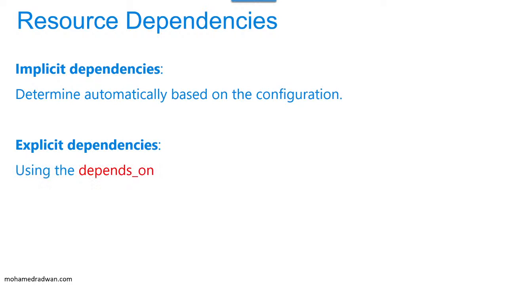And explicit dependency is for cases where you don't use a property of the resource but still need to control the dependencies. You can control that using depends_on, but be careful, because you control the running order of the resources, so you must know exactly what you're doing.